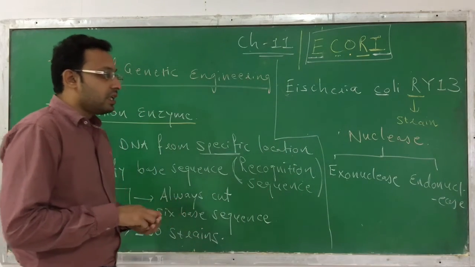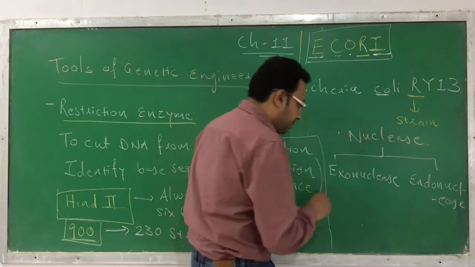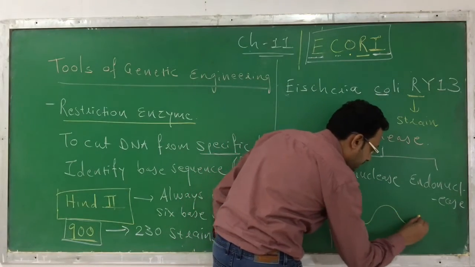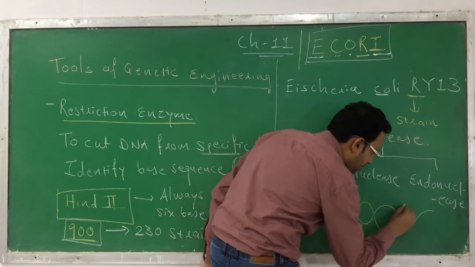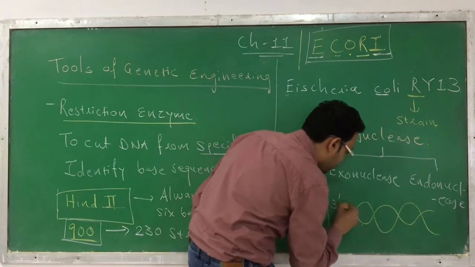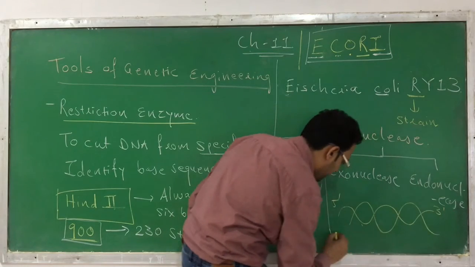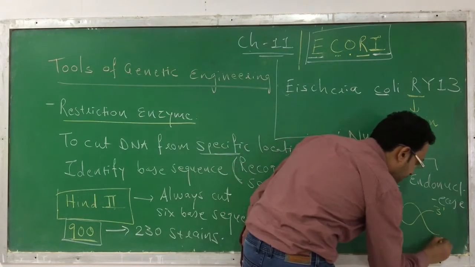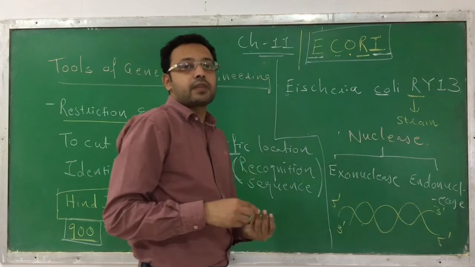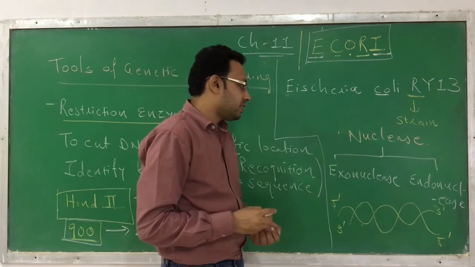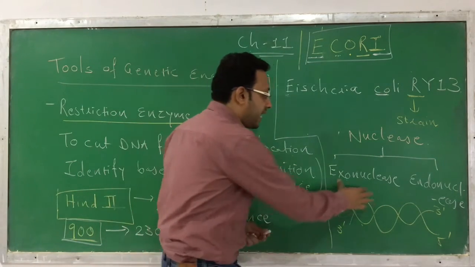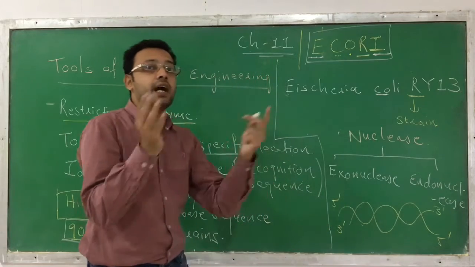exonuclease? Suppose here it is a DNA sequence. It is the structure of a DNA. One chain is running from 5' to 3'. The other chain is running from 3' to 5' because they are anti-parallel and they are twisting around a single axis. So what is an exonuclease? Exo means outside.